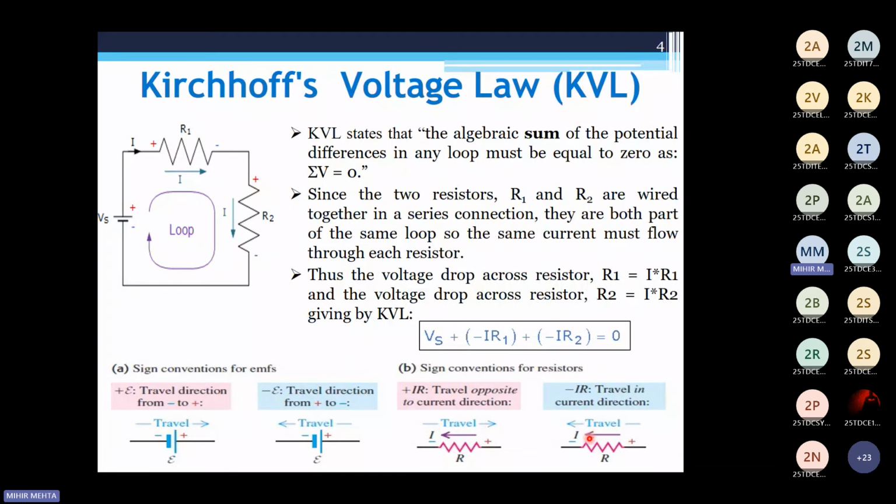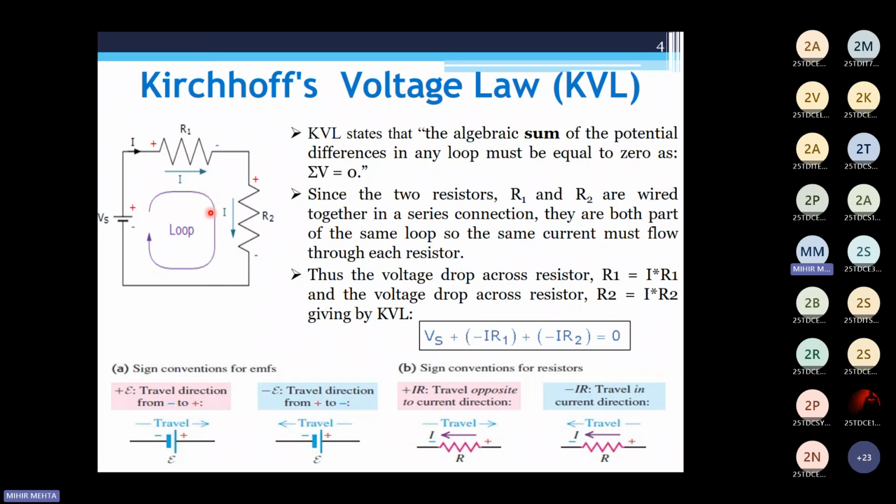Since both the travel direction and the current direction are the same, we take this as negative. So that becomes minus IR1.